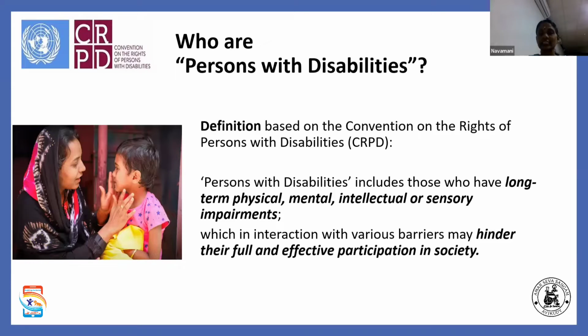So the convention puts equal weightage on environmental barriers; disability is defined as the interaction of impairment with the physical and attitudinal barriers.